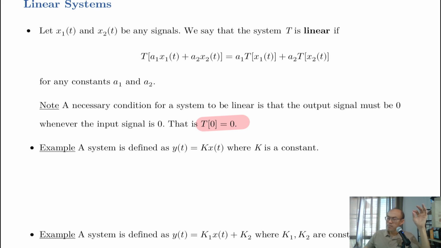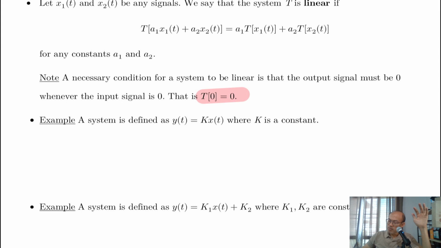Now, what I mean by 0 doesn't mean that it is 0 at any particular time. It means that the signal is 0 everywhere. The input signal is 0 everywhere, meaning no input signals. If there are no input signals, then there would be no output signals. That's what it means for a system to be linear.